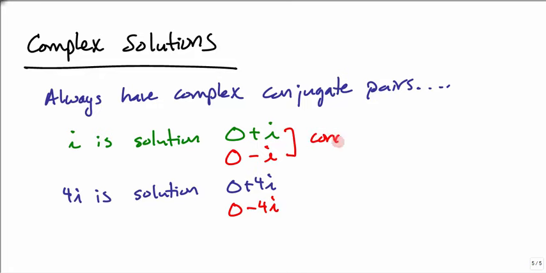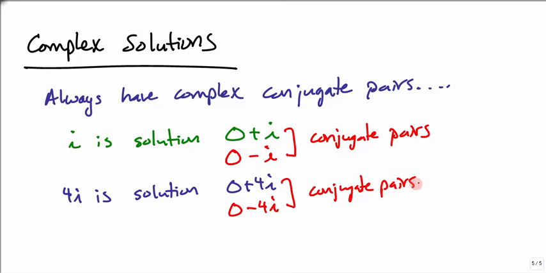So I don't have to be given both of these in order to come up with our solutions. I just have to be given one of them. And once I come up with the second one, then I can start talking about factors. So let's look at how conjugate pairs relate as a root to a factor.